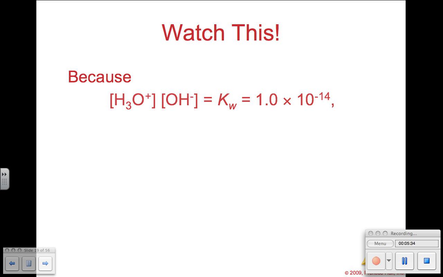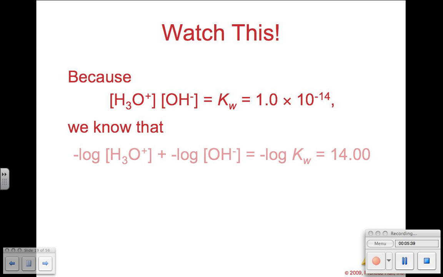We can do this because of the relationship that the concentration of H3O plus times the concentration of OH minus is equal to Kw. If we take the negative log of all of these values separately, the negative log of the Kw would give us 14, and then you have the negative log of the concentration of H3O plus and the negative log of OH minus.